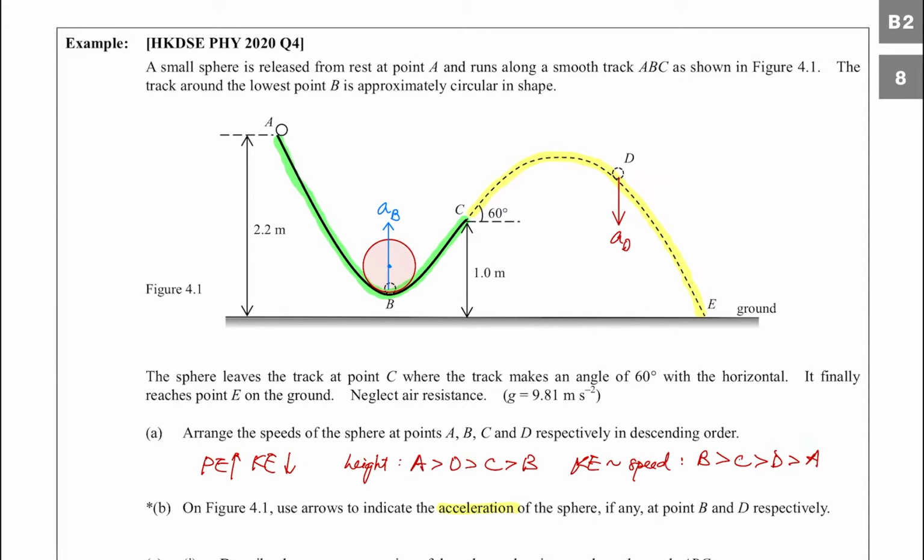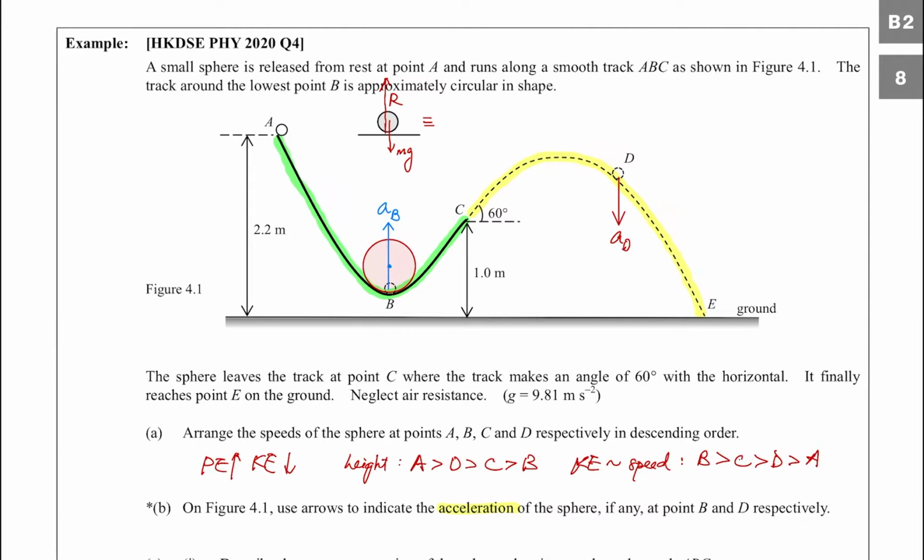You can look at it in another way. Let's say this is the sphere at point B, and it is sitting above the smooth track. If you consider the forces acting on the sphere, firstly, the sphere is acted on by a gravitational force, and also we have a reaction force from the ground.